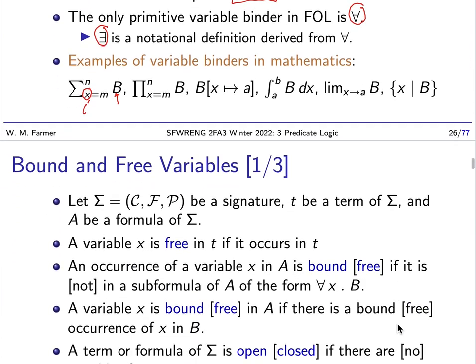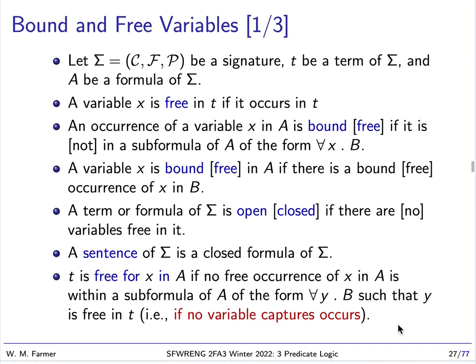Okay, so those are variable binders. Now, when you have variable binders, you have two kinds of variables. Let's say we have some signature sigma, and we have a term t and a formula A. We can ask the question: if we look at our term t or our formula A, what variables are free and what variables are bound? Or more precisely, what occurrences of a variable are free and what occurrences are bound? A variable x that occurs in t is always free. In a term, all the variables that occur in t are free.